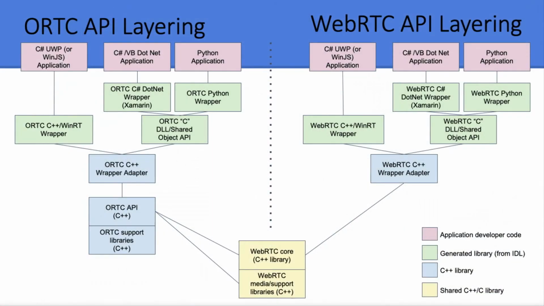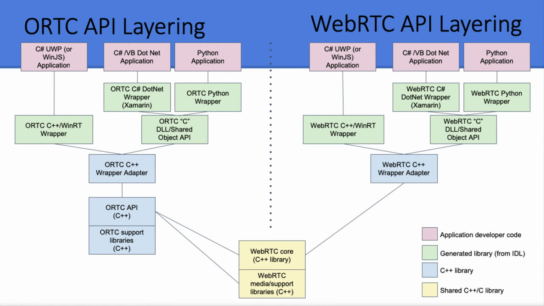So this is a look under the covers of WebRTC, UWP, and ORTC. I just wanted to mention that we support ORTC as well for those scenarios, and that they leverage the shared WebRTC core in C++, which is Google's code. We then have defined an API surface in interface definition language.